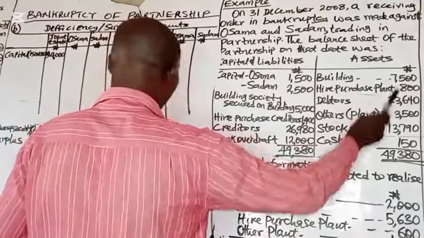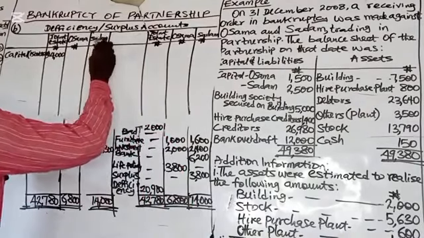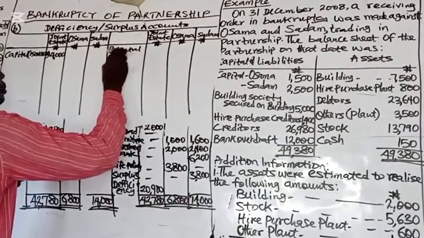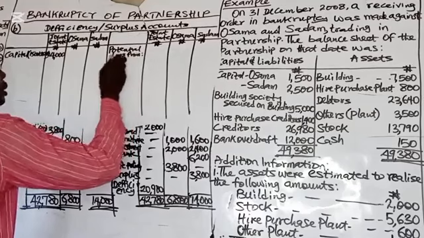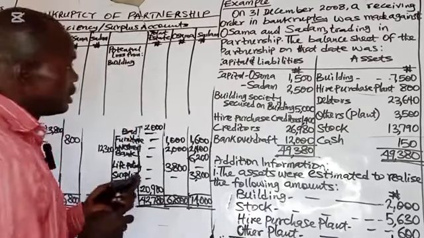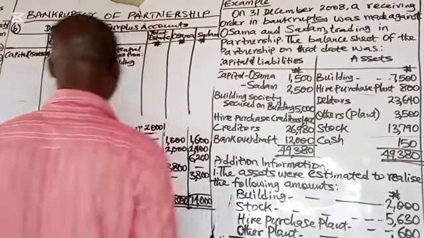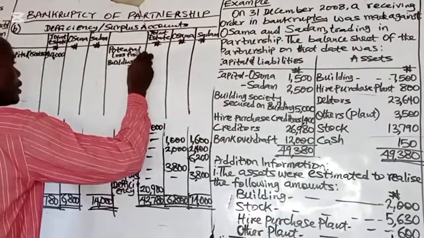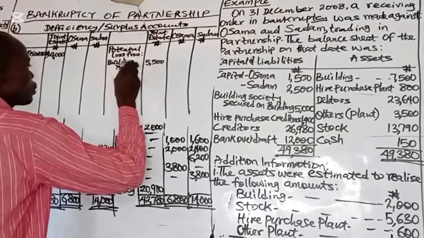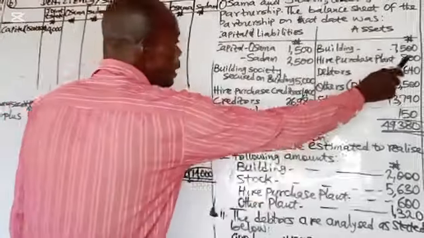That means we have a potential loss from building, 7,500 minus 2,000. Then we have 5,500.